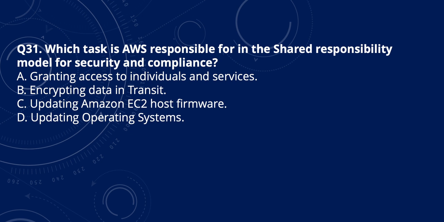Option C, updating Amazon EC2 host firmware, and option D, updating operating systems. So the correct answer here is option C, updating Amazon EC2 host firmware.